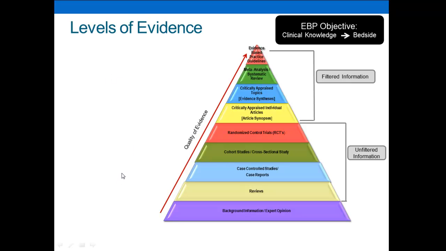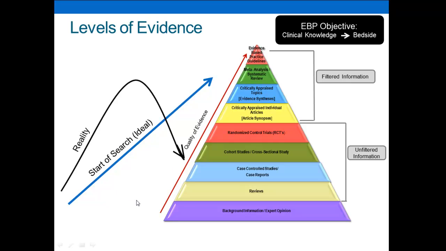Now, when you're shooting to do a good literature search, what you want to do is aim for the top of the pyramid. The problem is, as you move towards the top of the pyramid, the level of evidence gets better or stronger, but the number of articles or the number of studies decreases.